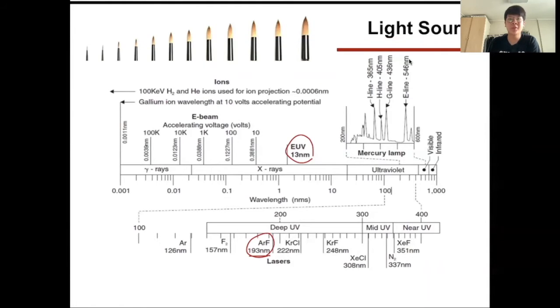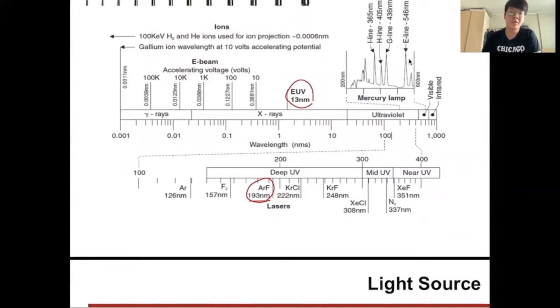When we print the selective patterns on the wafers, we use a light source like ultraviolet, and nowadays we normally use argon fluoride UV light, which has a 193 nanometer wavelength. This ArF light has a limit, so for micro scale patterns, nowadays we use extreme ultraviolet light.